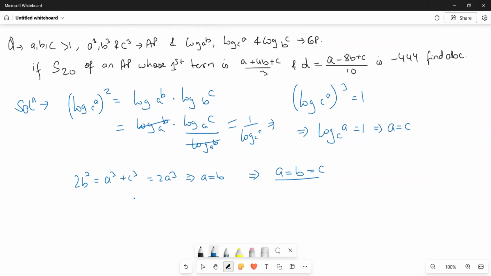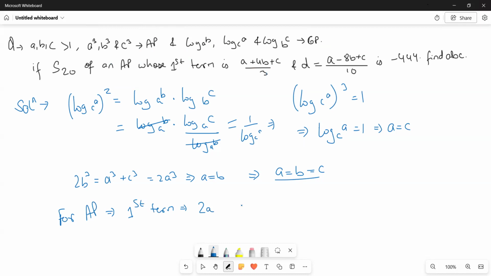So now if we talk about the sum of 20 terms of an AP. So for the AP, what would be the first term? तो फर्स्ट टर्म हो गया 2A, सबको A ही लिख दो, तो A plus 4A plus A, 6A by 3, 2A.